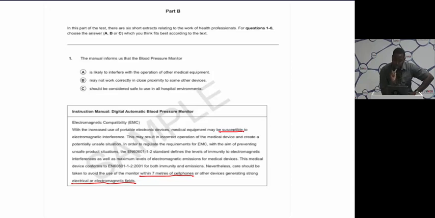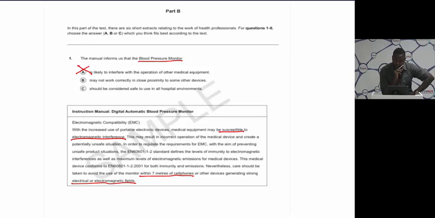What is going to interfere with operation? Electromagnetic interference is what it's talking about. It's not the blood pressure monitor. So from this angle alone, you can take A out, because the blood pressure monitor is not interfering, but the electromagnetic interference is. So with the elimination method, A is out.